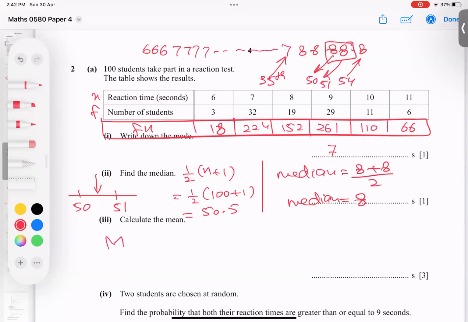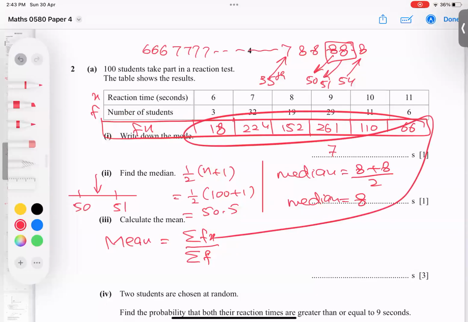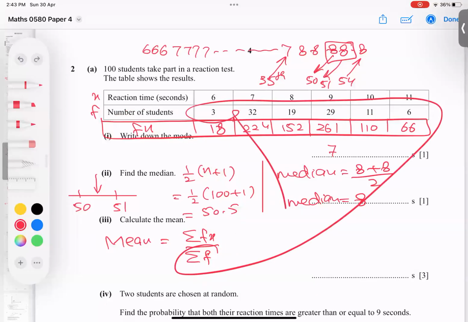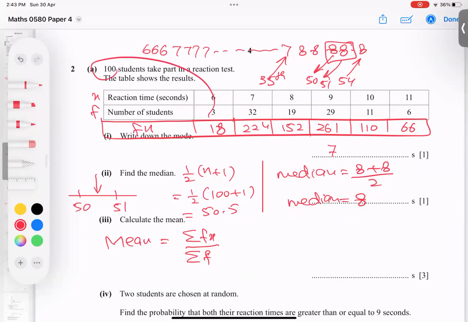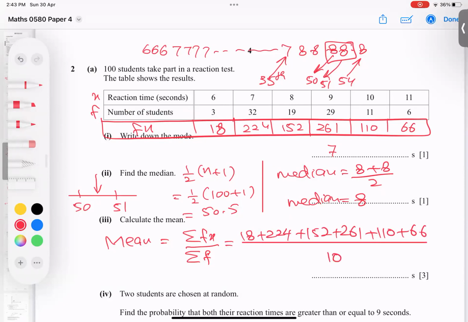And what is the mean formula? The mean formula is sigma fx by sigma f. Sigma means addition. So all the fx values are added, and all frequencies are added. That we know, 100 values. So I'm writing 18 plus 224 plus 152 plus 261 plus 110 plus 66.